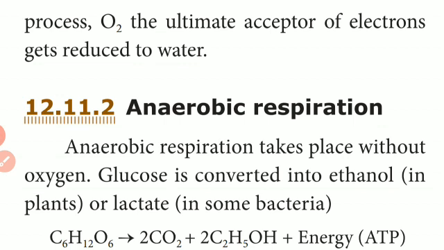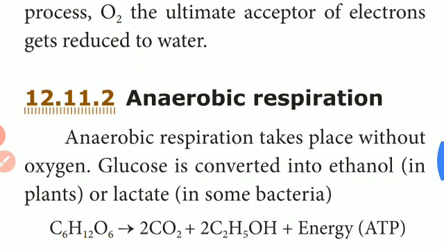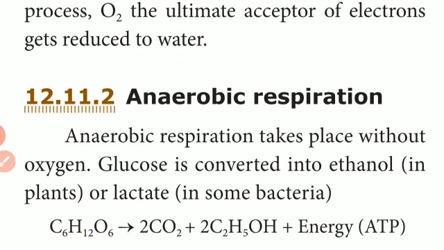Oxygen is considered the acceptor. An acceptor is nothing but something that accepts. So the pyruvic acid is converted into energy, and at last the electron is reduced to water. So this is the end of the stages of aerobic respiration.